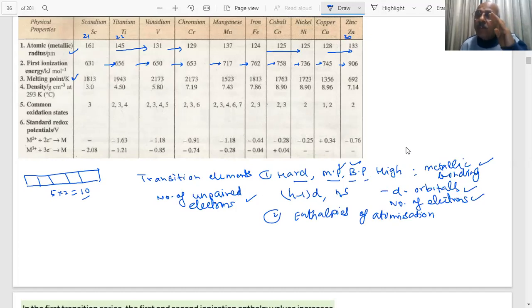So they will increase to a maximum around the middle, and then decrease, because that depends on the presence of the unpaired electrons. An important point, student: metals with a very high enthalpy of atomization and very high boiling point tend to be noble in their reactions.